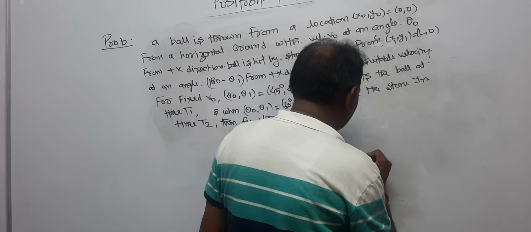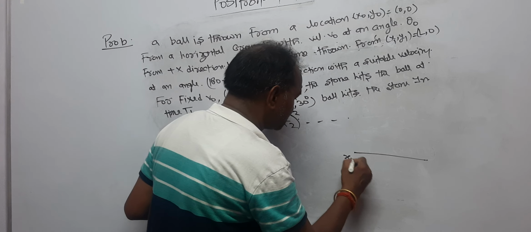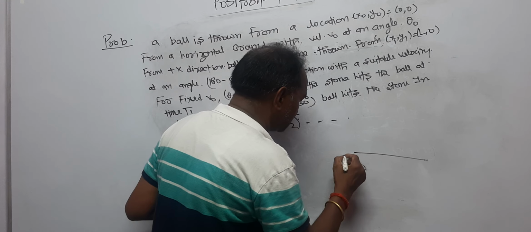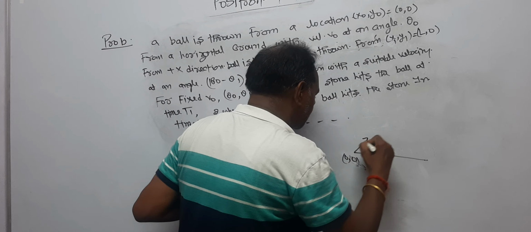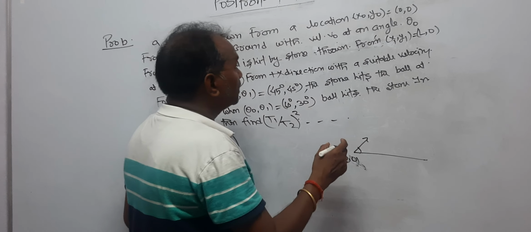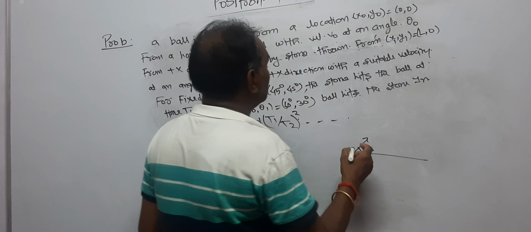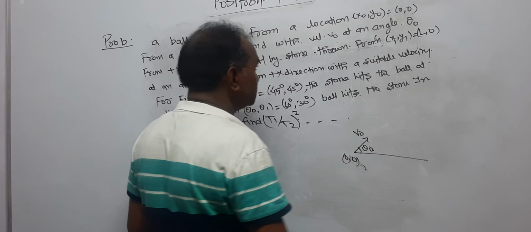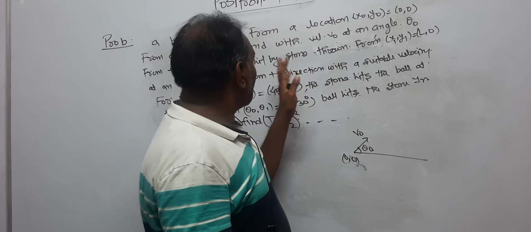Let's make this diagram. Look here, the first one is from (x0, y0), or you can say (0, 0). The ball is projected at an angle, this is theta 0, with a velocity v0.